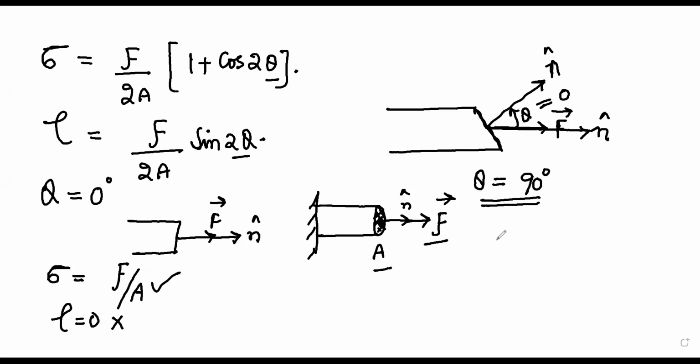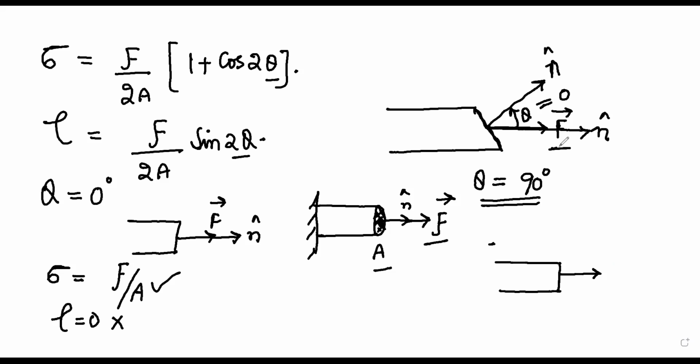That will be the case like this. For theta equal to 90 degree, the case will be like this. So the area vector is in this direction. Or let me rotate this force only.